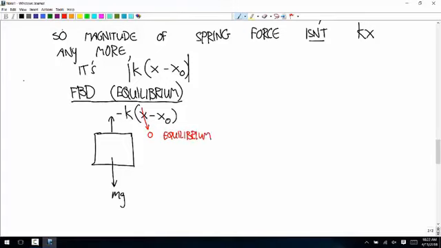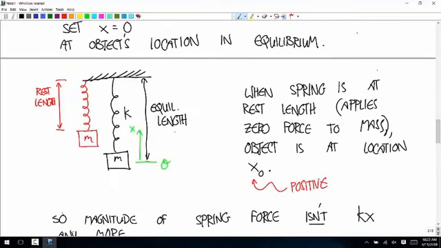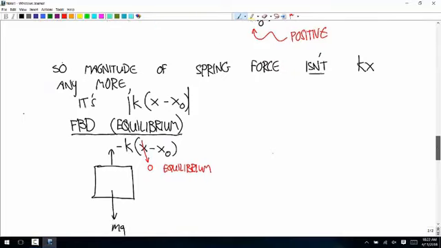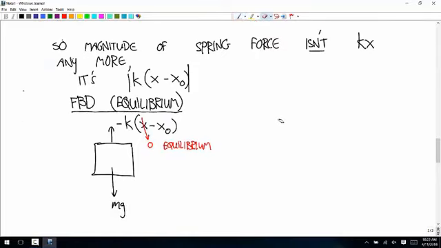And x naught is at the spring's resting length, but we chose x equals 0 to be at the equilibrium length. It is awesome because if you don't do it this way, you can't calculate stuff.